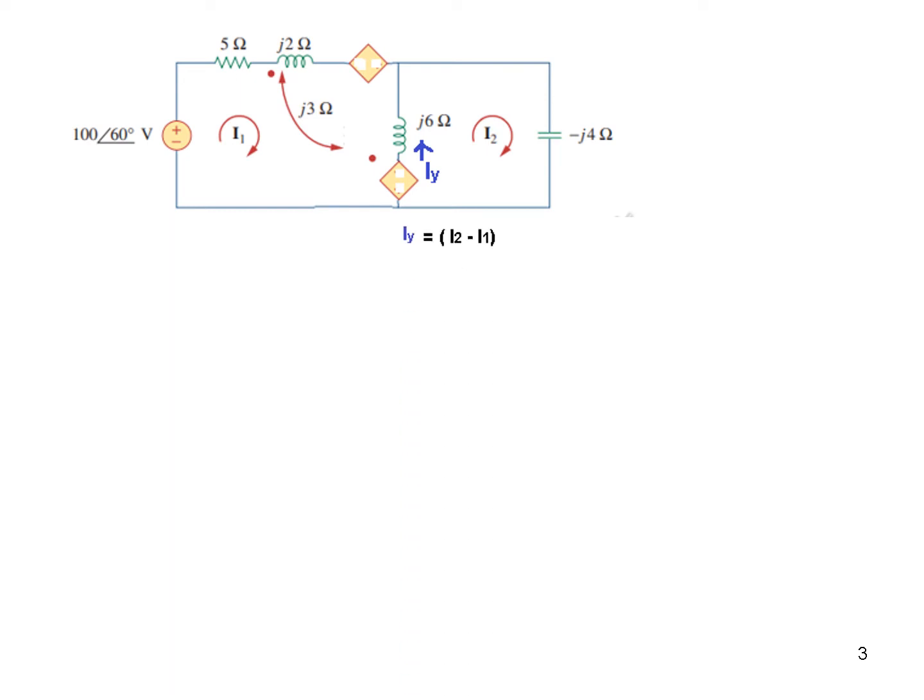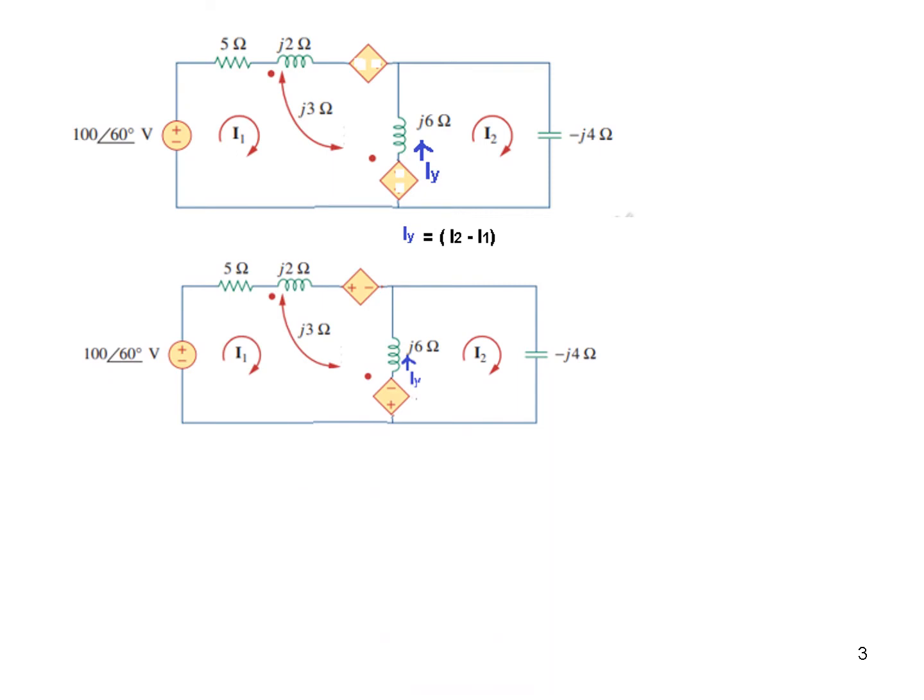Since IY is going from bottom to top and I2 is also going from bottom to top, we can say that IY is I2 minus I1, because I1 is in the opposite direction. Now let's see the polarities. This current IY is entering the dot, so by the dot convention the dotted end, the left hand side, will be positive.